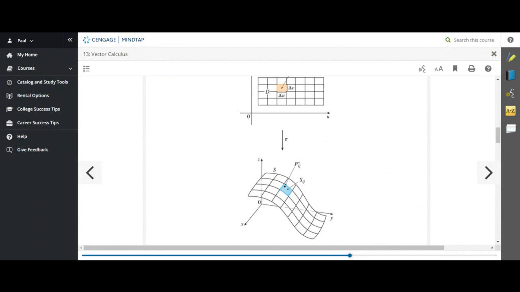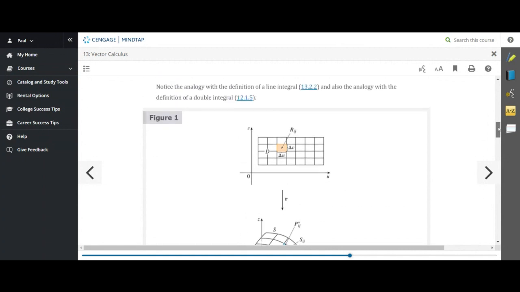So it's analogous to the line integral, except with the line integral, you took the value of a function at a point along a space curve and multiplied it by a piece of arc length, a delta s. Here you're taking the function and multiplying it by a piece of area. That's what a surface integral is.